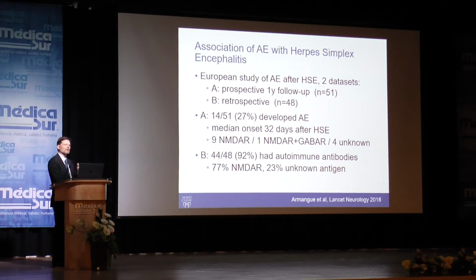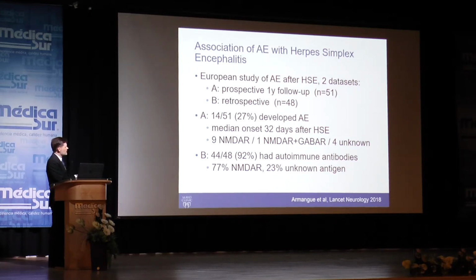They also had a retrospective cohort, patients that had been diagnosed with herpes encephalitis whom they tested. And what they found was in the prospective cohort, more than a quarter of patients, 1/4, who had had herpes encephalitis later developed autoimmune encephalitis, and it happened quickly. The median was within a month.